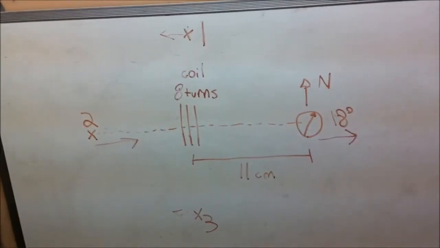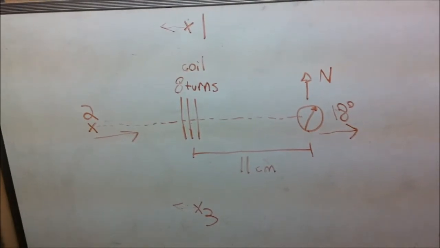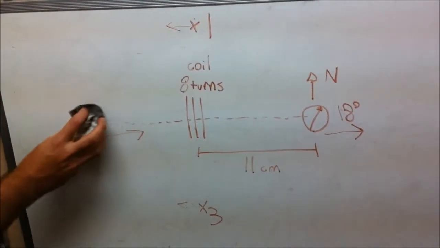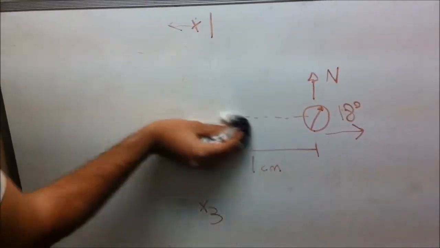Okay, for the second part of the question, we're asked to find the magnitude of the conventional current running through the coil. To do that, let's erase this. Okay, and I've got here the formula for the magnetic field of a coil of wire.